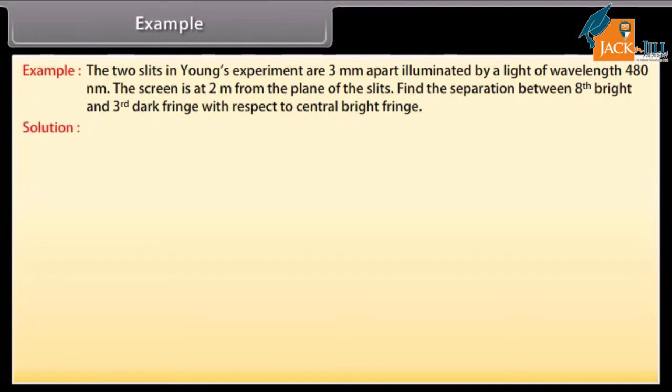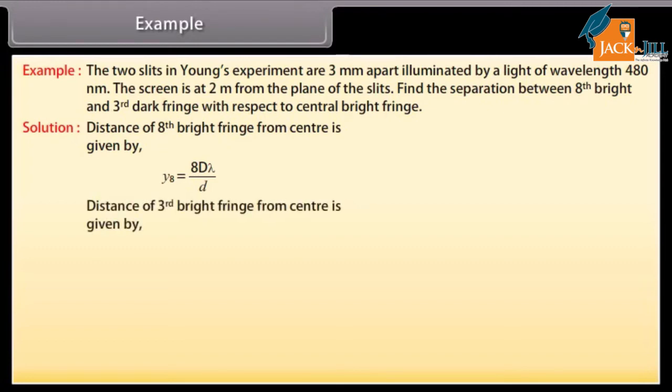Let's see the solution. Distance of the 8th bright fringe from the center is given by 8Dλ/d. Distance of the 3rd dark fringe from the center is given by 5Dλ/2d. We have y is equal to y8 minus y3.